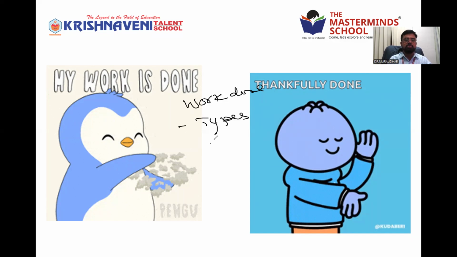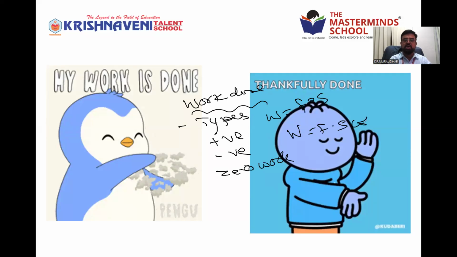That is positive work, negative work and zero work. We have derived the mathematical formula also for work, which is given by W is equal to F into S, or W is equal to F S cos theta whenever a force makes an angle of theta with the direction of displacement.